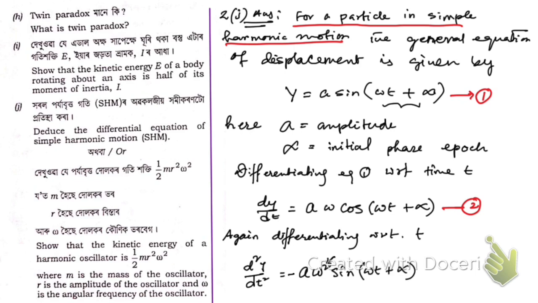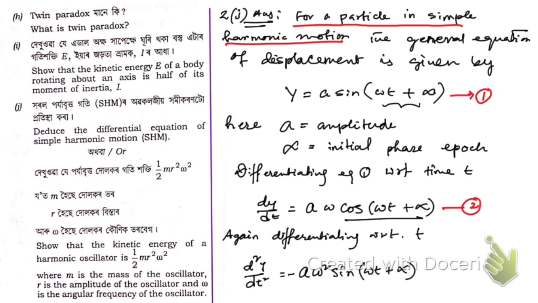Here it is omega square, because if you differentiate this you get minus sine omega t plus alpha, then derivative of this part is omega, so that's why it becomes omega square. There is already one omega there, right? So hope you have understood this. So this is what we have got.